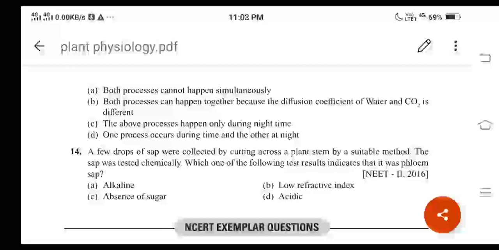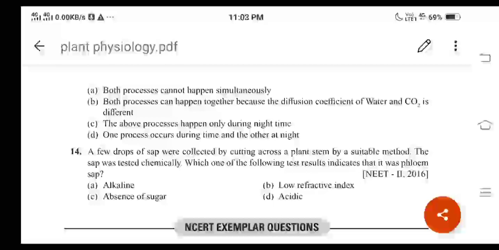Question number 14. A few drops of sap were collected by cutting across a plant stem by a suitable method. The sap was tested chemically. Which one of the following test results indicates that it was phloem sap, right?